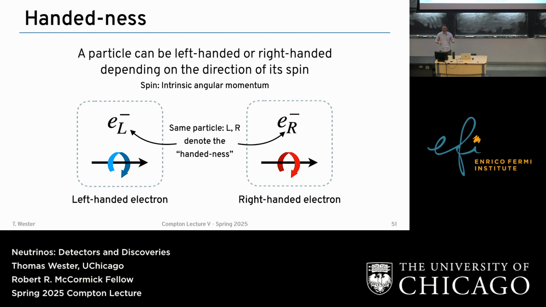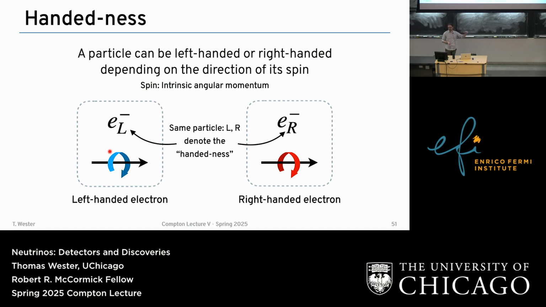So in the standard model, we have all these particles, but the particles can have different spins. So there's nothing inherently special about spin. You can have an electron that's spinning one way or an electron that's spinning another way. So here I'm just denoting which direction the particle is spinning by putting a little subscript here. So electron with a subscript L is a left-handed electron. Electron with a subscript R is a right-handed electron. And then these arrows indicate the direction of the particle with the direction it's spinning.